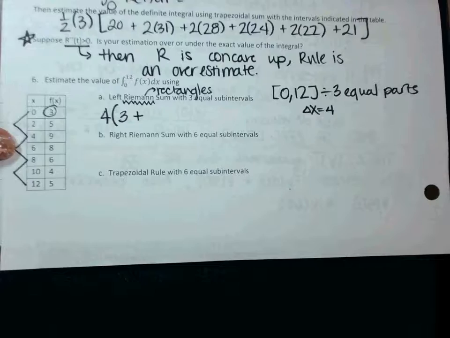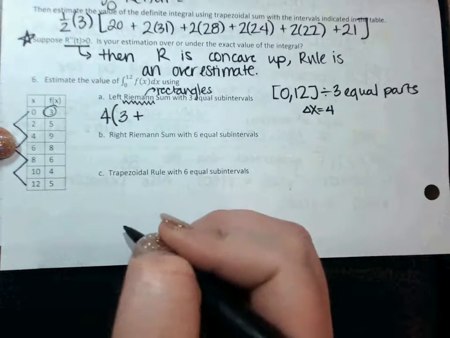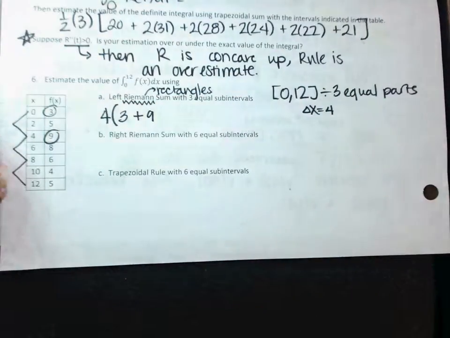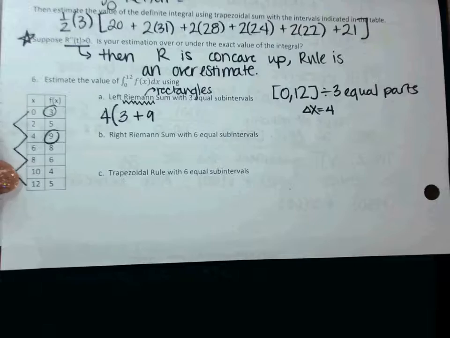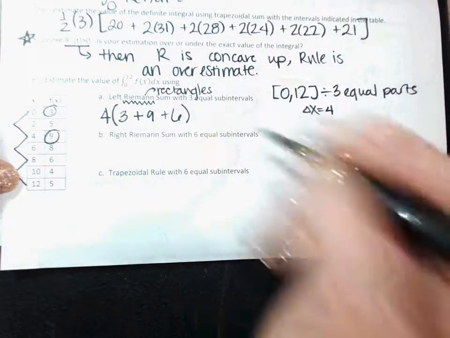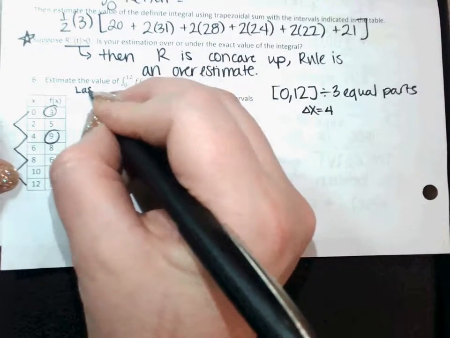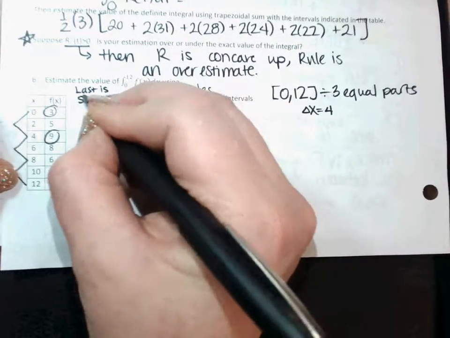From 4 to 8, what's my left y value? 9. Good. Okay, and then from 8 to 12, what's my left y value? 6. And then remember, if it's a left, the last one is skipped.